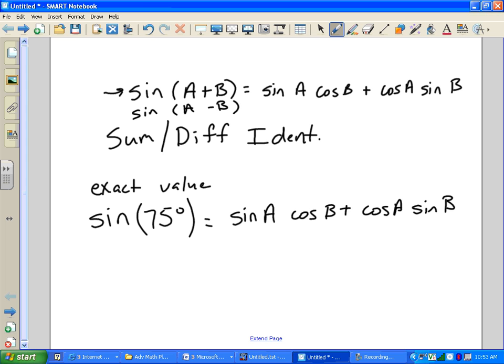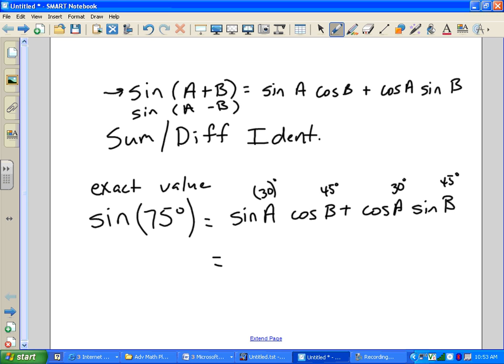We said 30 and 45. So we'll let A be 30 and B be 45. I'm going to write 30 degrees above the A and 45 degrees above the B. Don't get them backwards.